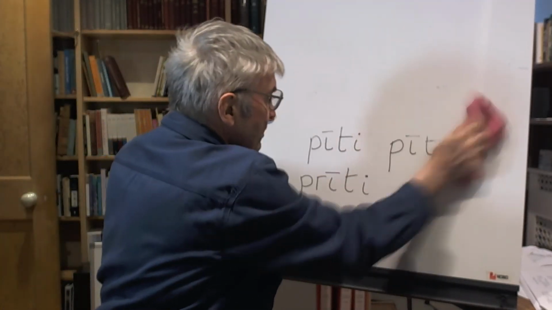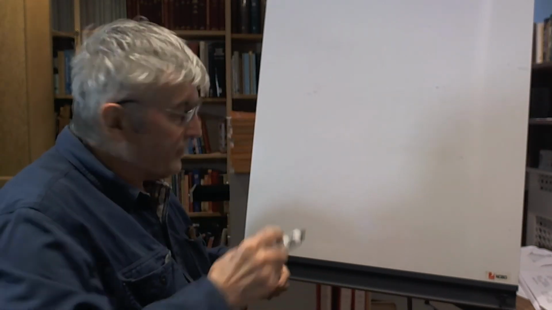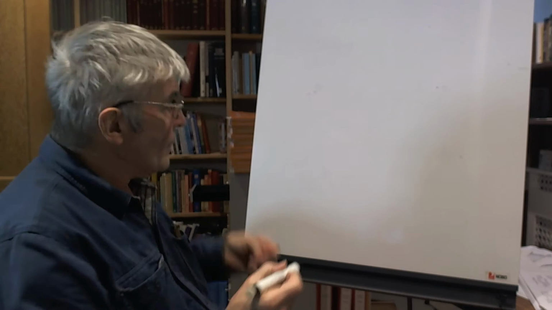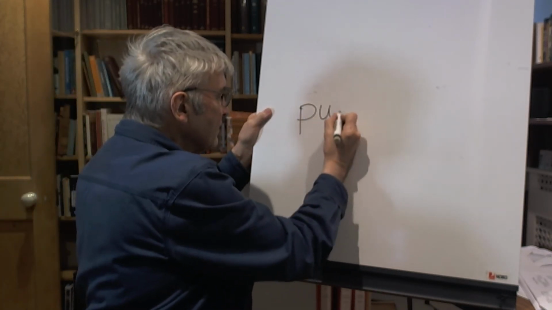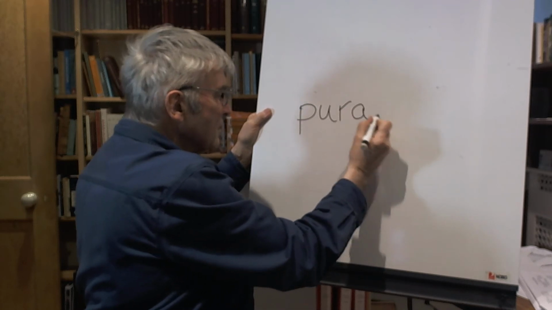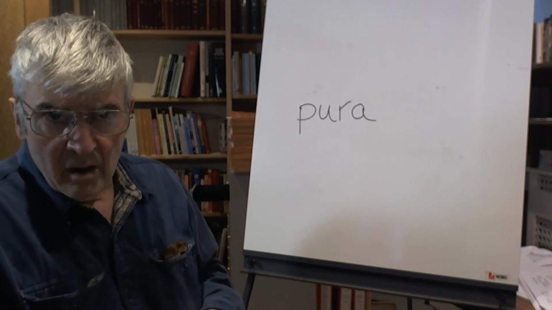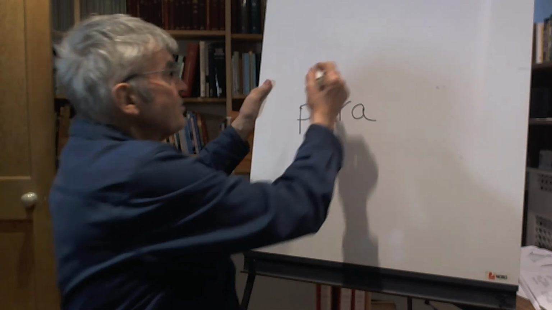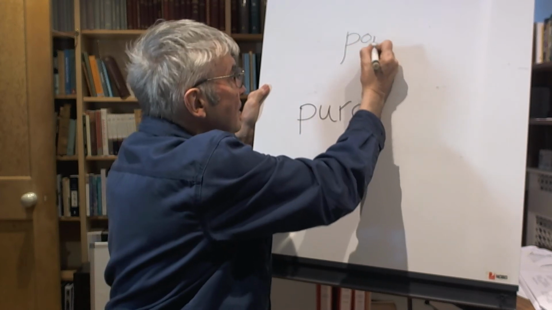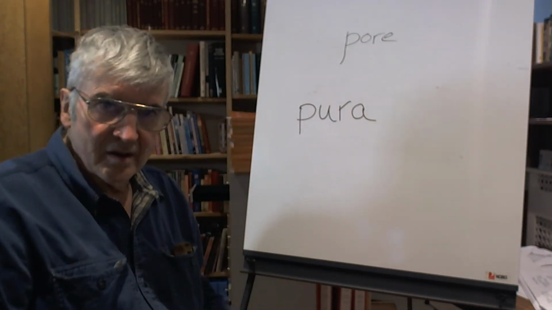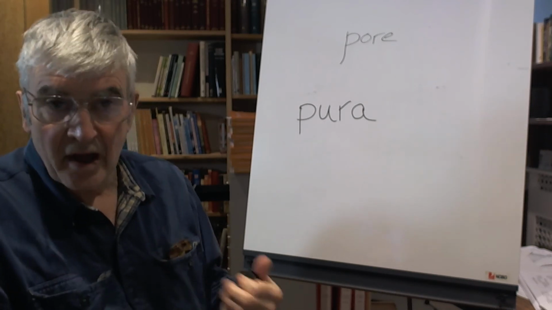Another example is now for the short u and the long u. So pura, meaning a city. A lot of modern Indian place names in anglicized form became Por, as in Singapore, which in Sanskrit was Singhapura, the lion city.